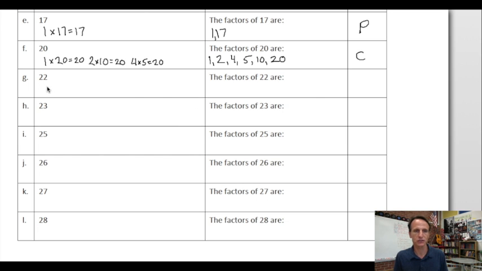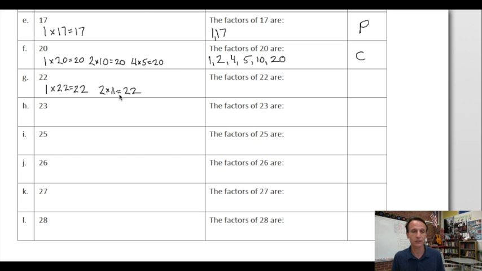Let's try 22. We'll go ahead and do 1 times 22 to start with. And now let's just go through the numbers up to the midpoint. 2 times anything? Oh, yes. How about that? 2 times 11 is 22, right? 3, 4, 5, 6, 7, 8, 9, 10.